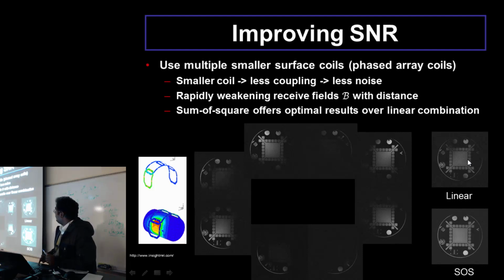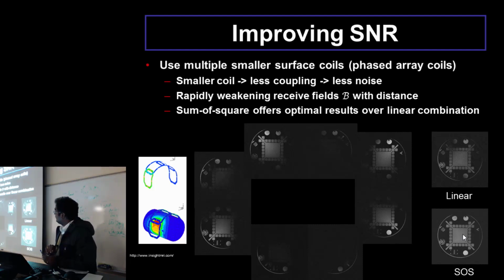It turns out, if you work out, I think it's one of the homework problems, the way to combine these images, the optimal way is not simply adding them up. In fact, it's the sum of squares of these coil images that gives you the optimal signal to noise ratio. That's just for the magnitude of the image.